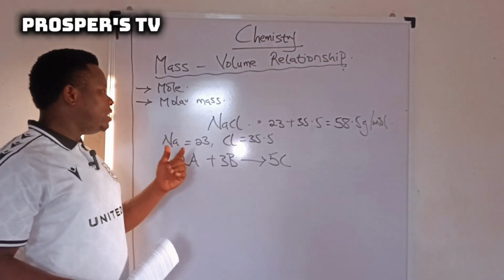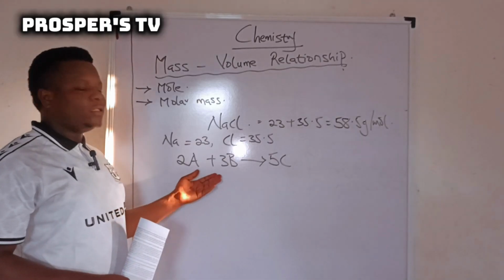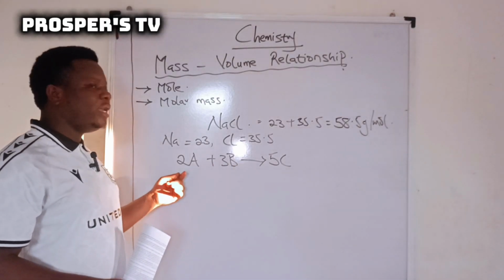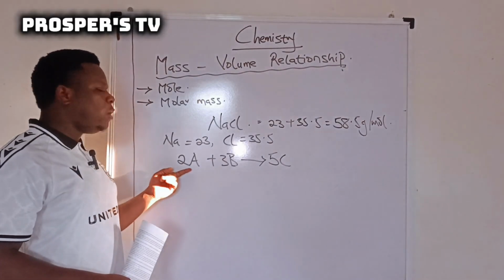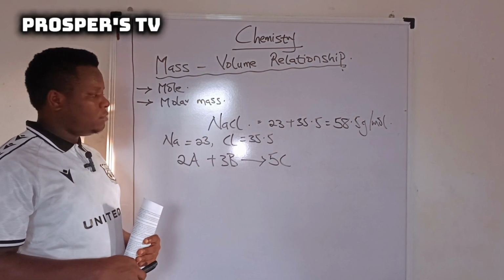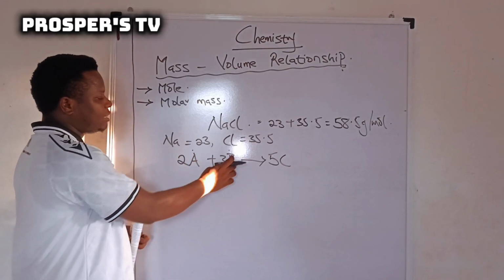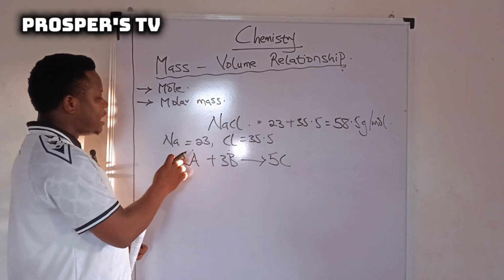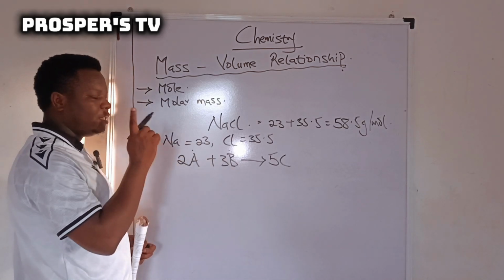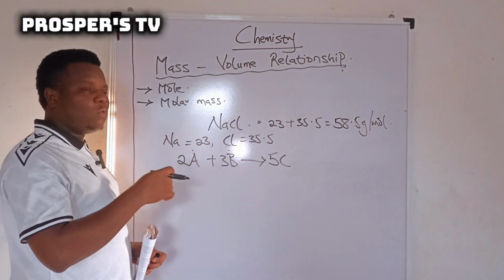For instance, they can ask you, what is the mole of B needed to react with 4 moles of A? You understand that question? I repeat, if I should relate A and B, and the question is asking you what is the mole of B needed to react with 2 moles of A. The first thing you should do in such a question is identify the chemical species referred to in the question.